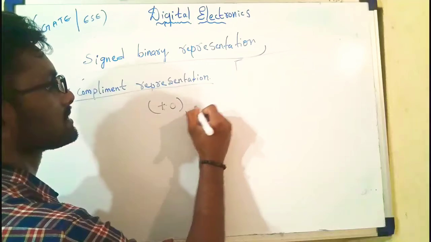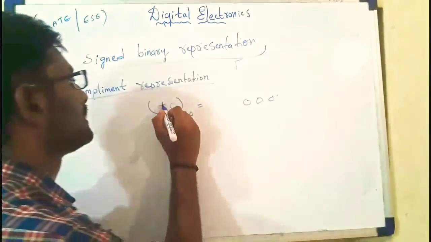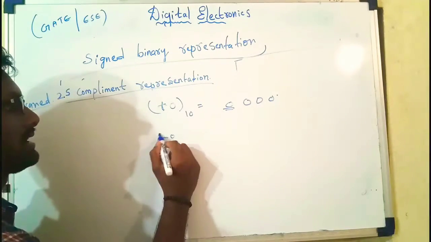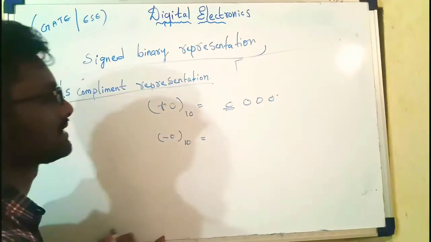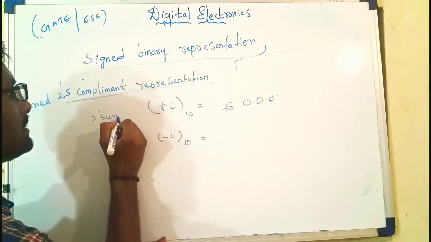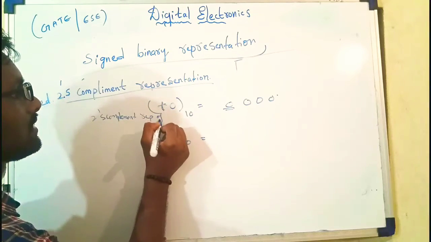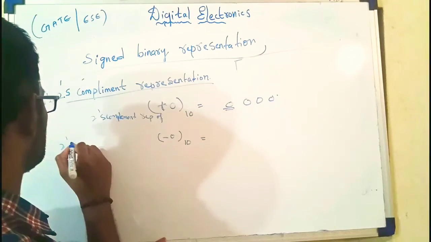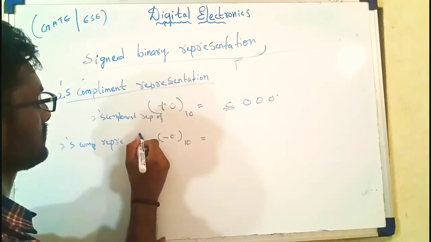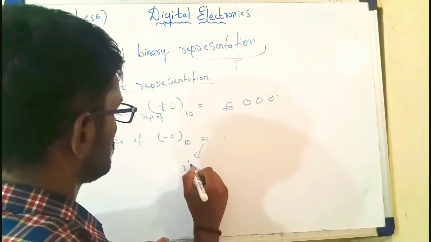Plus 0 to the base 10 is nothing but 0 0 0 0. For minus 0 to the base 10, this is the 2's complement representation of plus 0.